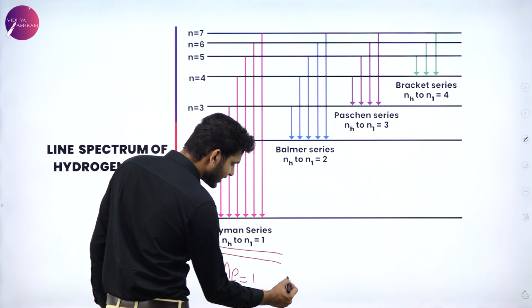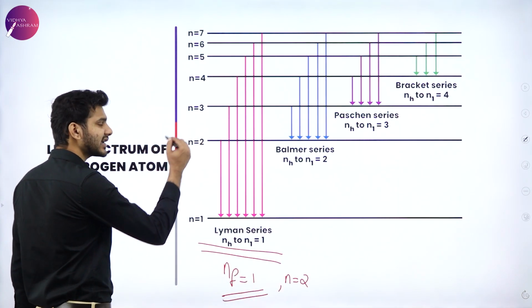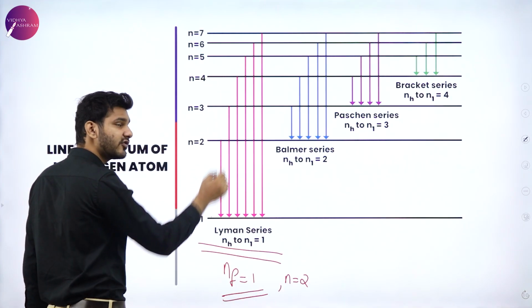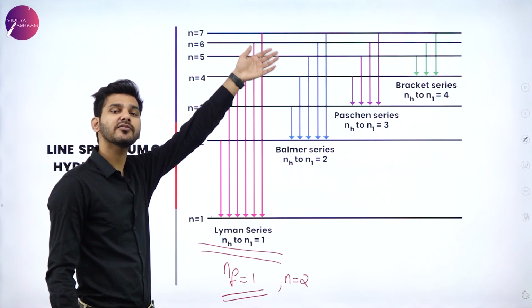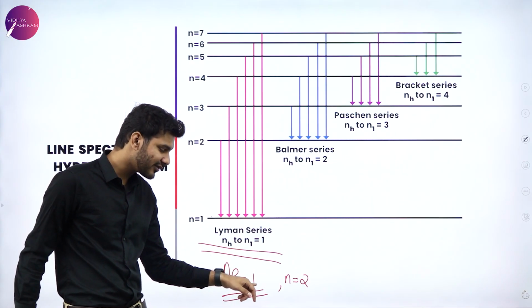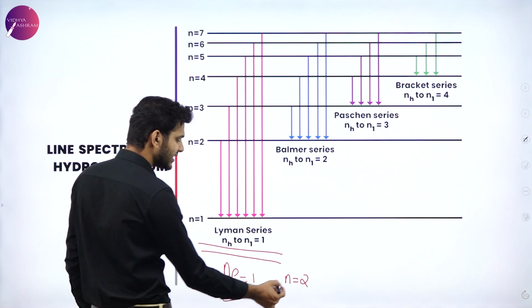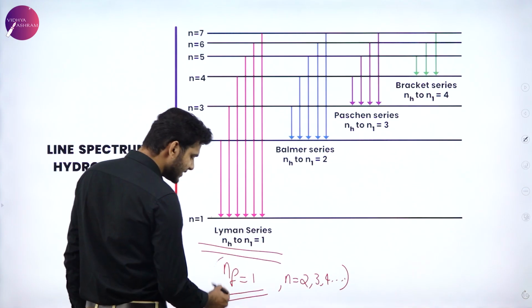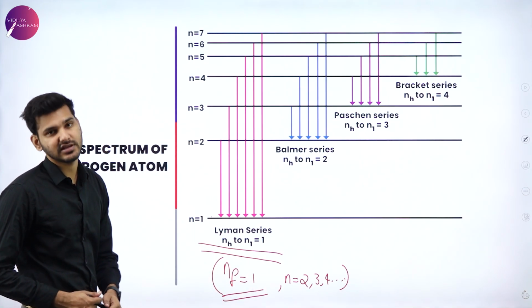It can jump from n equal to 2, from the second principal orbit to the first, or from 3 to 1, or 4 to 1, or 5 to 1, or 6 to 1, or 7 to 1. It can jump from any higher state to a lower state, which means the final state will always be nf equal to 1. The higher states can differ, which means n can be 2, 3, 4, and so on. In this case, we say that it belongs to the Lyman series.